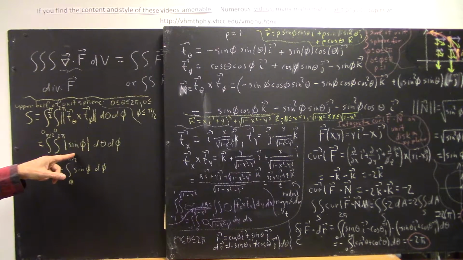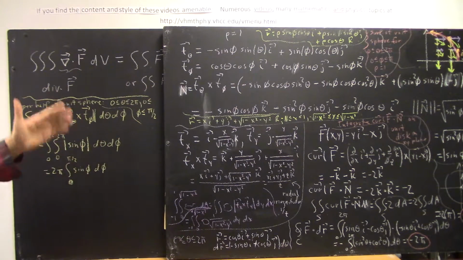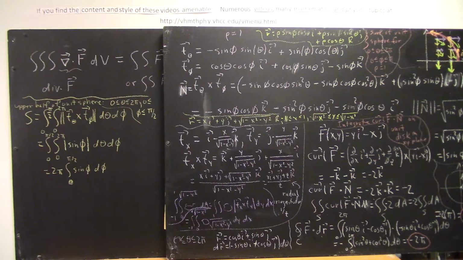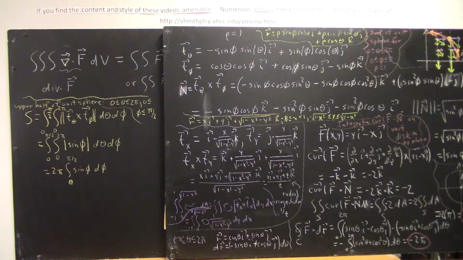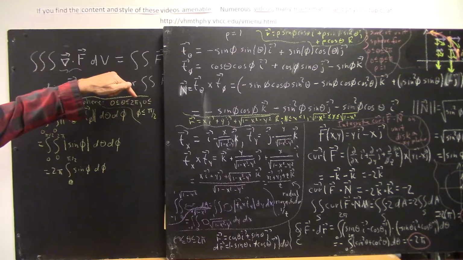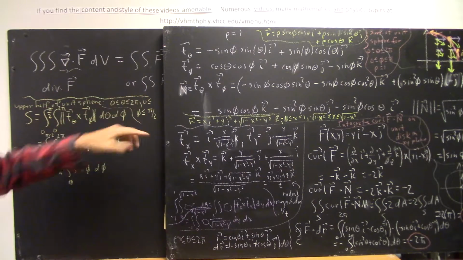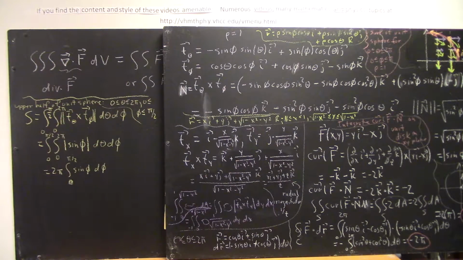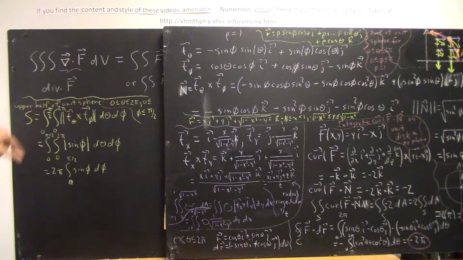For every value of phi in that range, sine phi has what value? Well, the value of sine phi is never negative. It's 0 when phi equals 0, and it's positive for every other value of phi, so we don't need the absolute value sign. In fact, even if we went from phi equals 0 to pi to get the whole sphere, sine phi would still be positive because the sine is positive for all values of phi between 0 and pi.